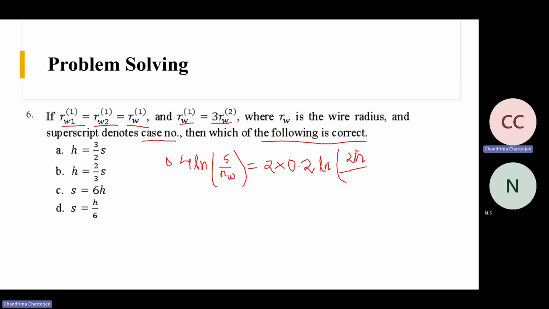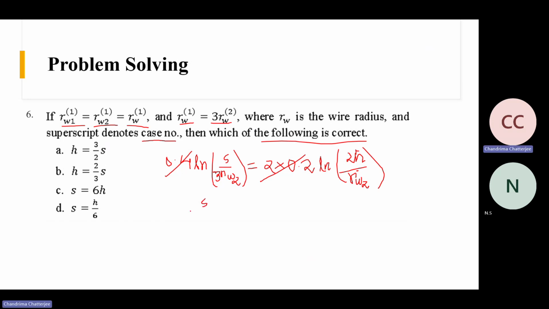So suppose this is Rw1 and this is Rw2. This is not a square, I will write it like this. Then this is 3 Rw2. They cancel.